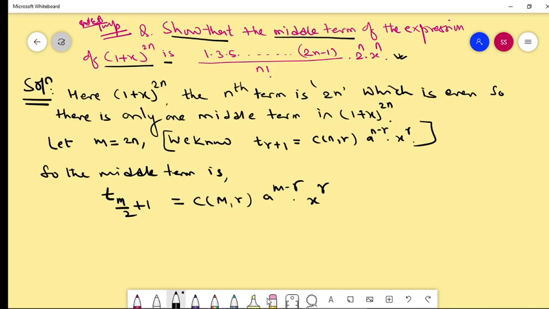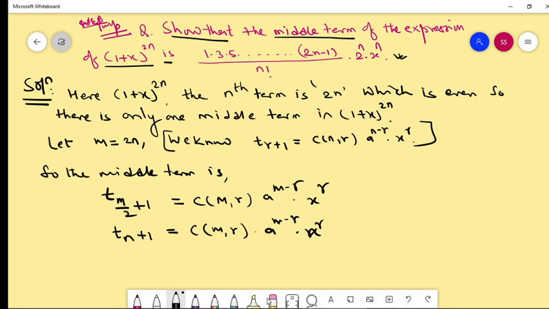Then we know that if we compare with T(r+1), the value of r is n, or simply r is m by 2, that is 2n by 2 equal to n. By any way we can find the value of r.